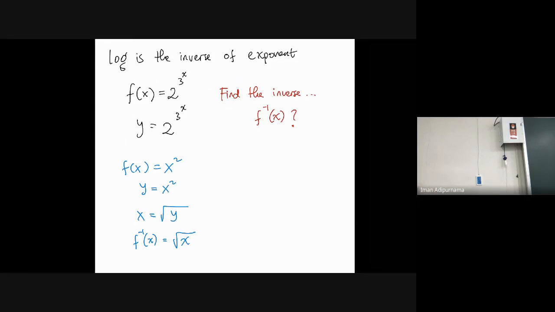So do the same thing with this one. So aim to switch this exponent with this y. Any idea how we can solve it?